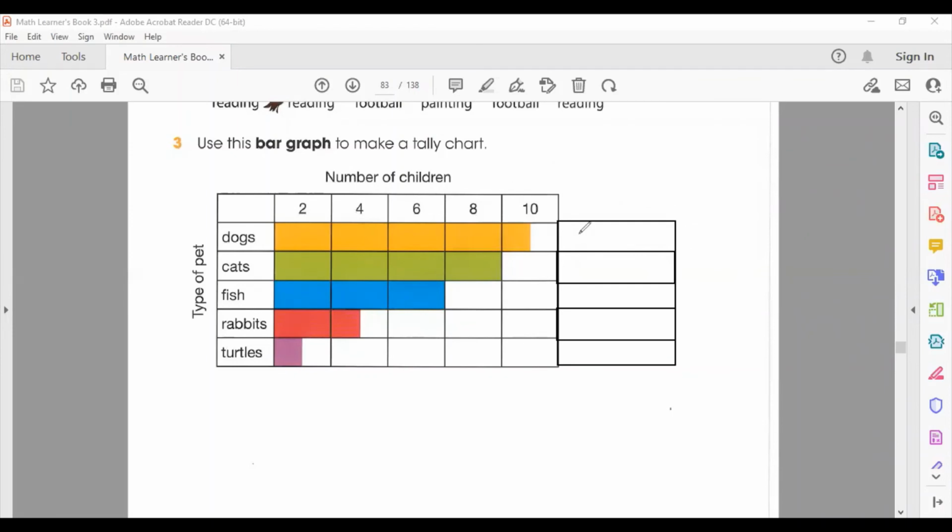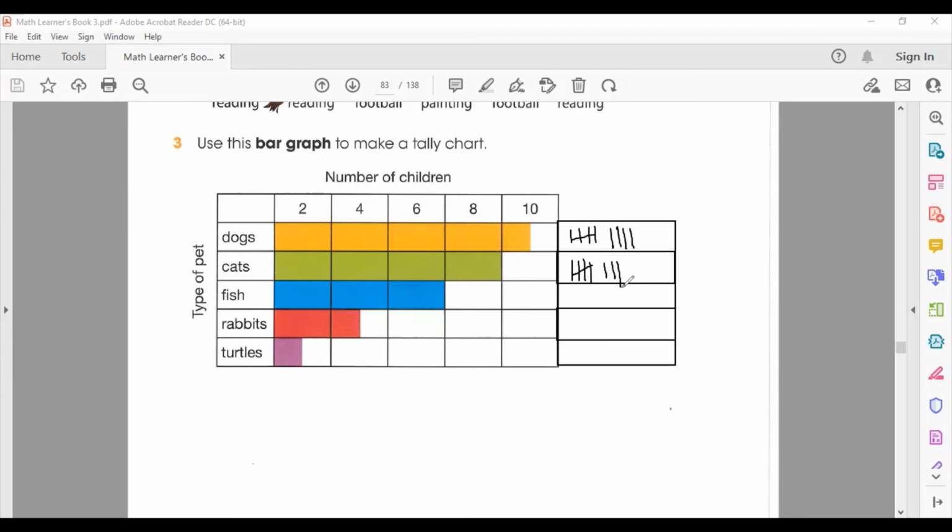9. So we can draw the lines. 1, 2, 3, 4, 5, 6, 7, 8, 9. And how many cats? Children like pet cat. So cat, 4, 5, 6, 7, and 8.